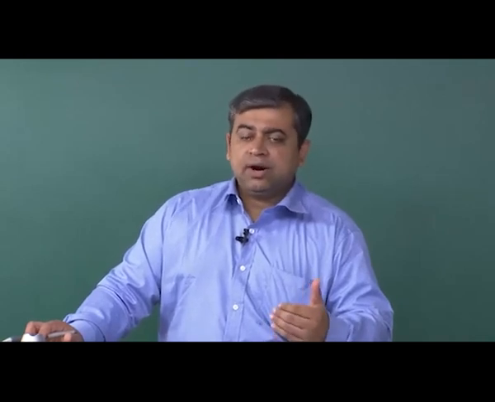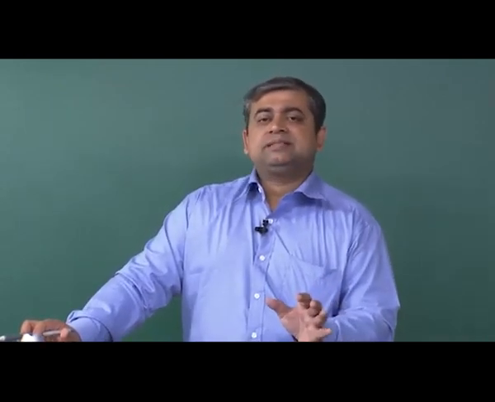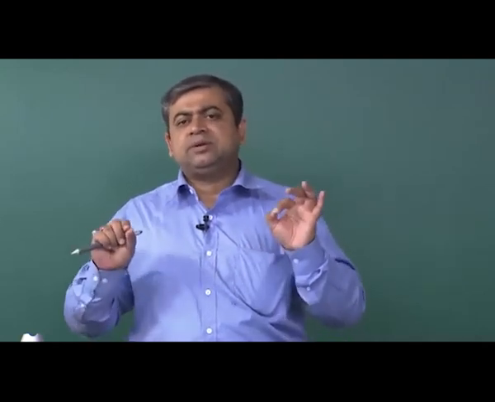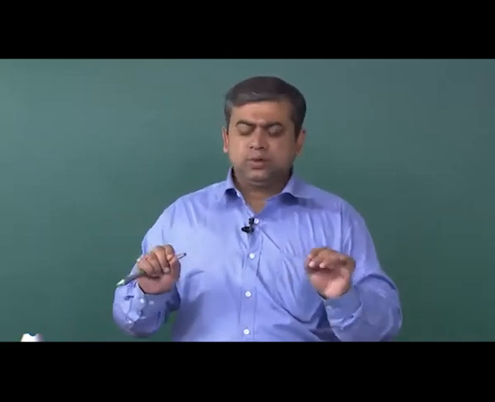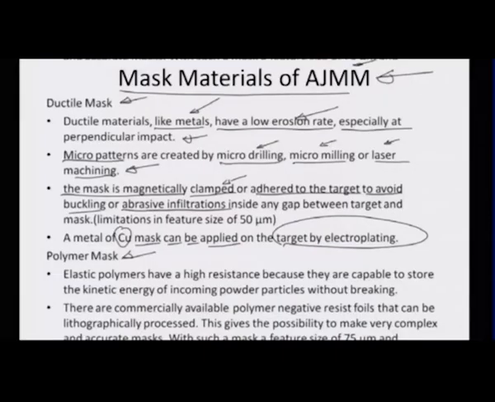So you avoid any such intrusions of an abrasive particle, and you have to really ensure that the mask doesn't buckle, it sits straight and flat on the surface, there is no gap whatsoever at any place, because otherwise it is going to damage the resolution at which you are doing the micro machining. The limitation in this kind of machining is that the machining can be done over a feature size of 50 microns or more.